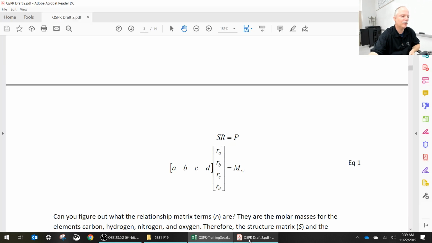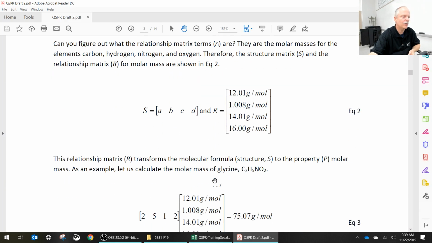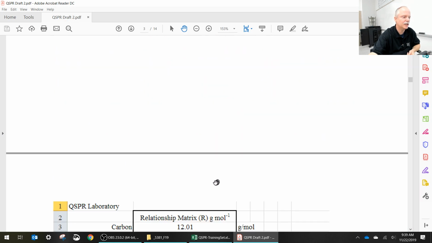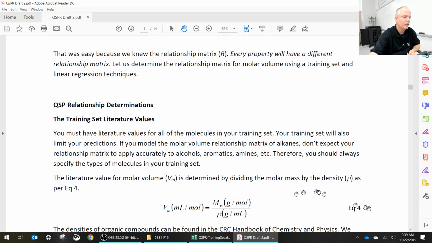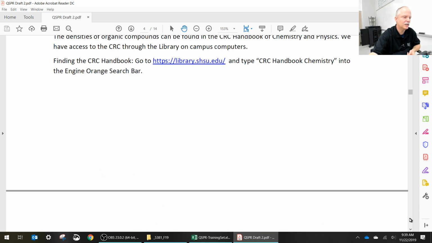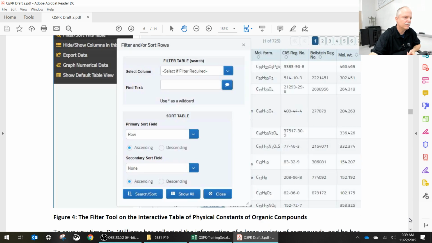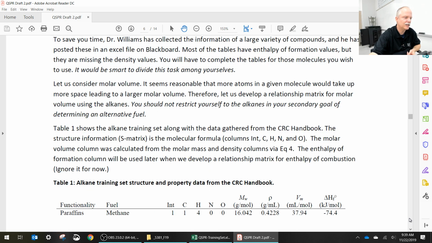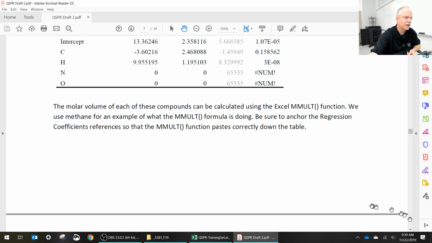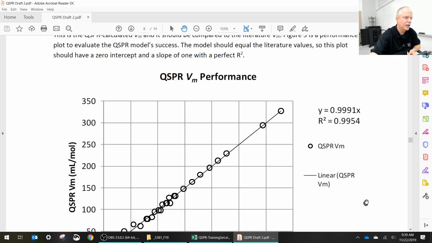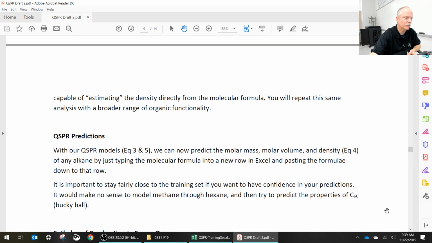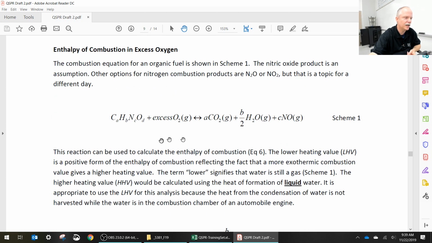And so in the paper, we will run out of time if we try to go through this in detail, but these numbers can be gathered from the CRC. This is where I got all of these delta H of formation values. And you can turn the delta H of formation into combustion enthalpy using this equation here.